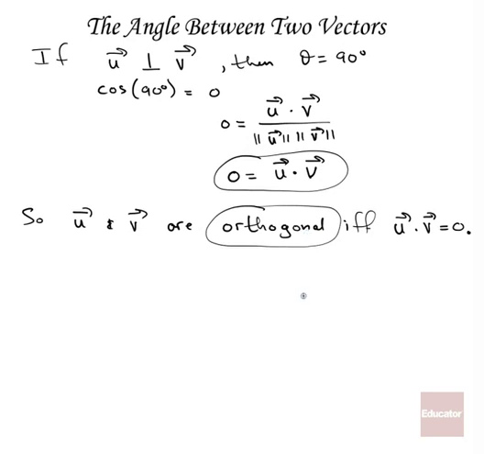Okay. Well, let's do something else here. What if we had theta equals 0, and let's take u dot u. Well, the cosine of 0 is 1. So let's actually write out our formula.